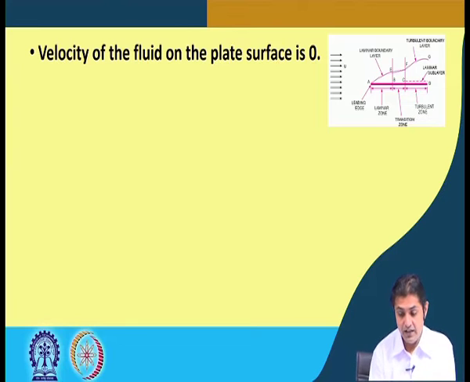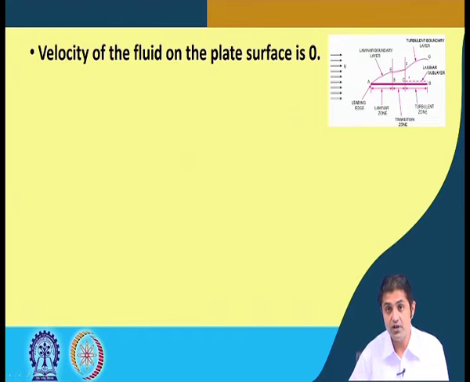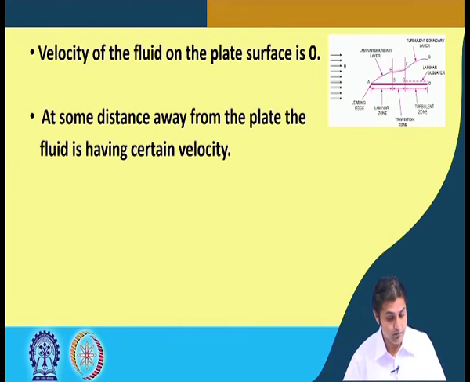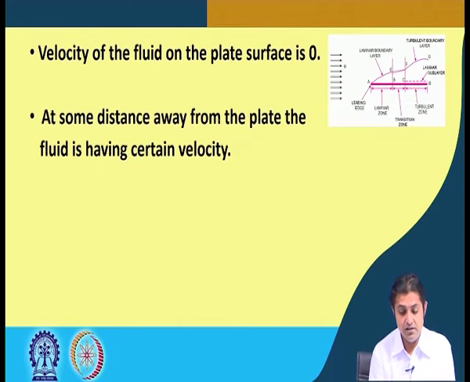As I told you before, the velocity of the fluid on the plate surface is 0 because of the no slip condition, as the plate is stationary. But at some distance away from the plate, the fluid has a certain velocity. That velocity we do not know for now, but at some distance away from the plate, it will have a certain velocity.